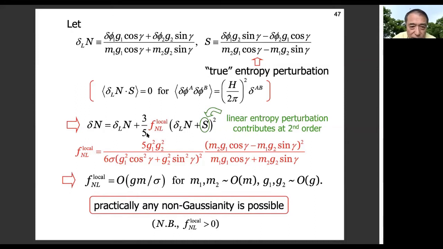Local simply means that if you write down delta N, it's just a Gaussian part plus some Gaussian squared part with a coefficient which is independent of any coordinates or anything.